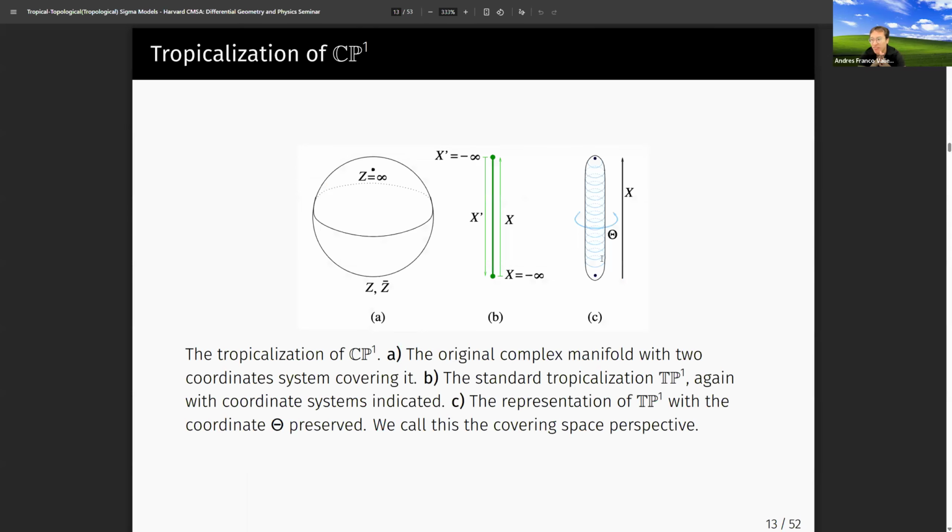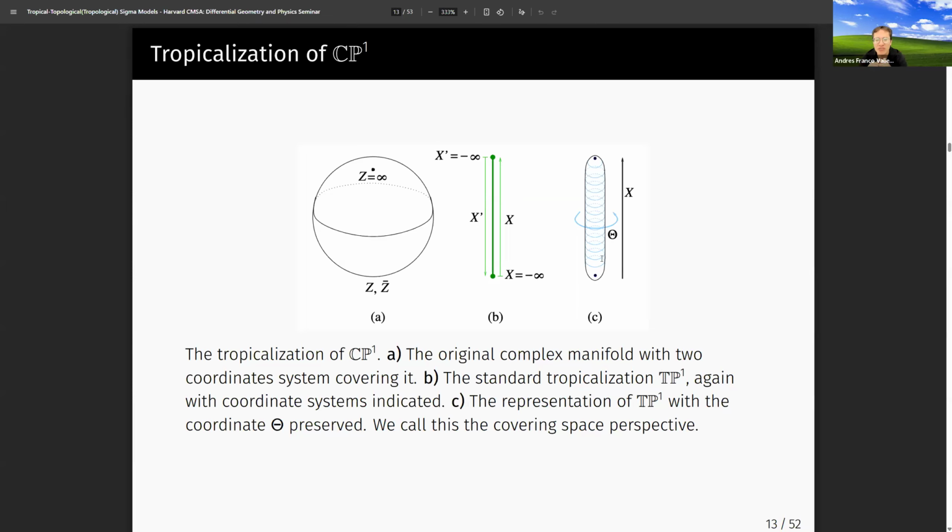The interesting thing that I will let you know is that there are two perspectives that we ended up using in this paper. Over here, if you look at complex projective space as an example, CP1, and you want to tropicalize that, then a tropical geometer might say, okay, great, you can do that. If you consider TP1, the tropicalized projective space, you would end up with this sort of interval after you tropicalize it. The two coordinate systems would, one include the minus infinity and the other include the positive infinity.